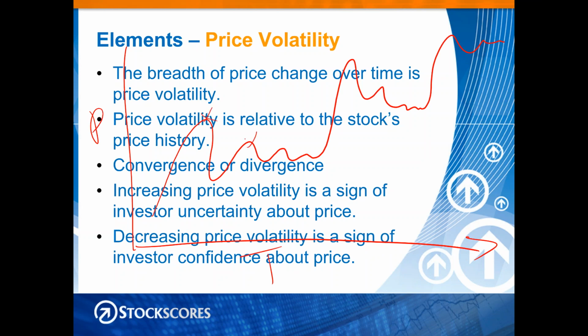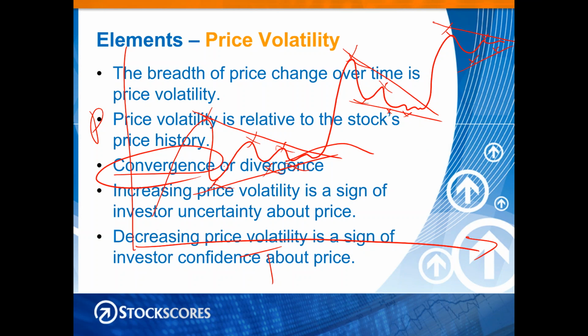Let's draw my inflection points. All right, if I draw a line across these inflection points, and those lines are converging toward one another, we have a period when volatility is lowering. There is a convergence of my lines across the tops and bottoms, which help us to see the price pattern.